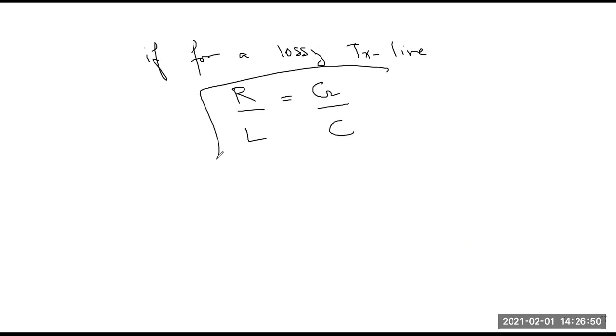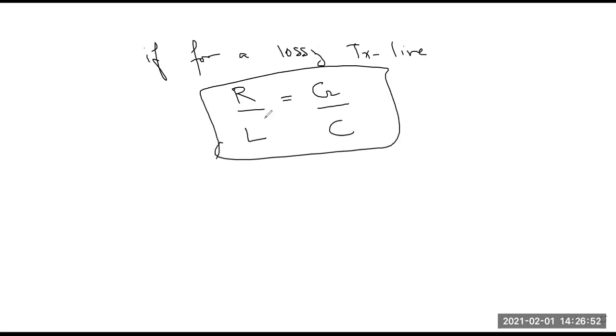If for a lossy line, resistance per unit length divided by inductance per unit length is equal to conductance per unit length divided by capacitance per unit length.